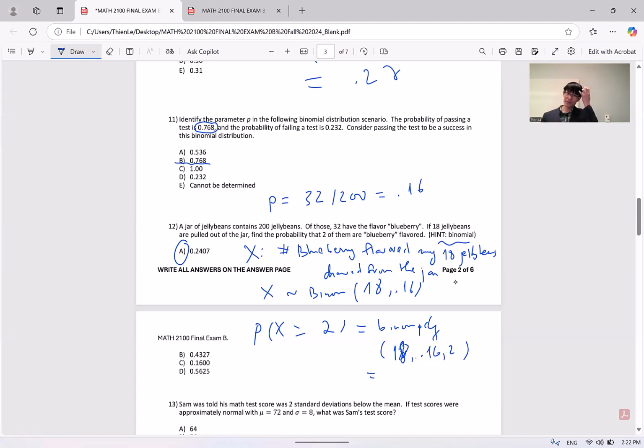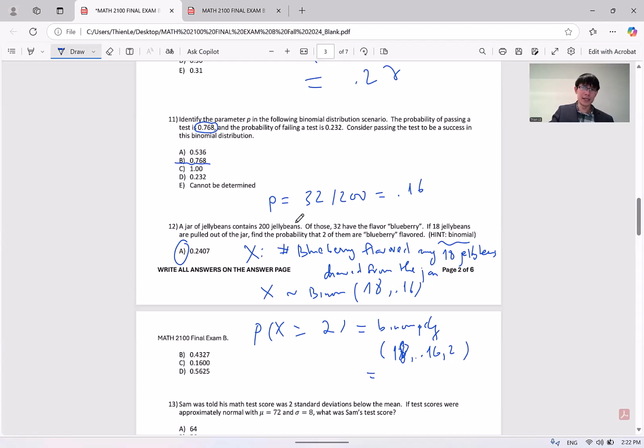But here, actually, this should be modeled by a different distribution, but because the hint here says binomial, we just follow what's said here. The problem is that the sample size you draw is not less than 5% of the population. 5% of 200 is how many? 5% of 200 is 10.